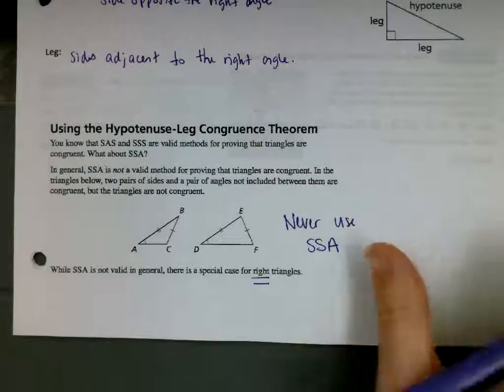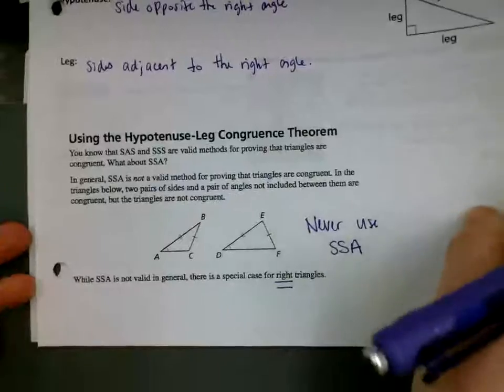Okay, all right, so let's turn the page and let's talk about this special case that only works for right triangles. Okay, and we have a special name for it as well.